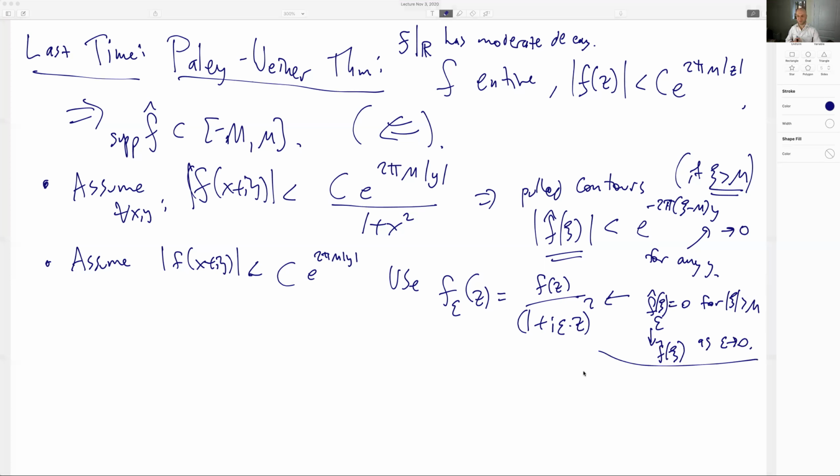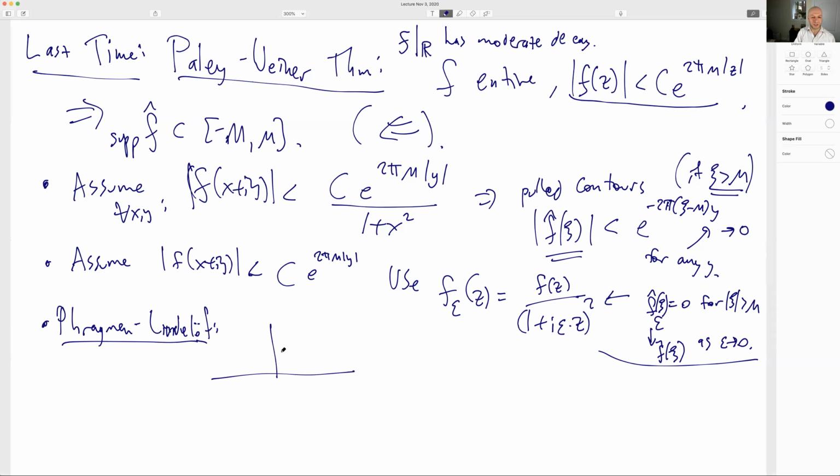Phragmén-Lindelöf. Phragmén-Lindelöf says, let's do it in a sector like this. We proved it in a slightly different sector just because that's the easiest place to set it up.